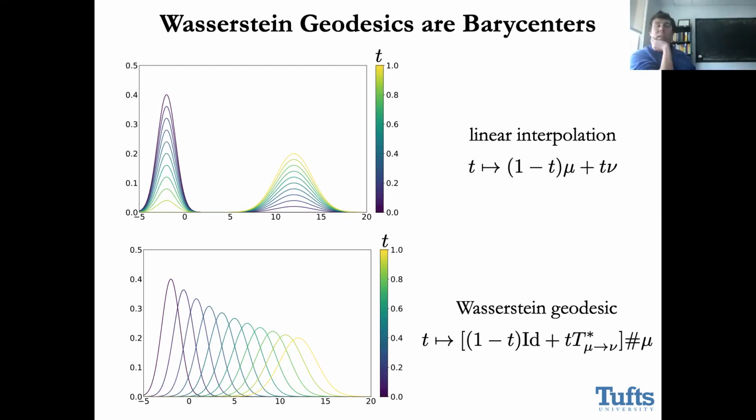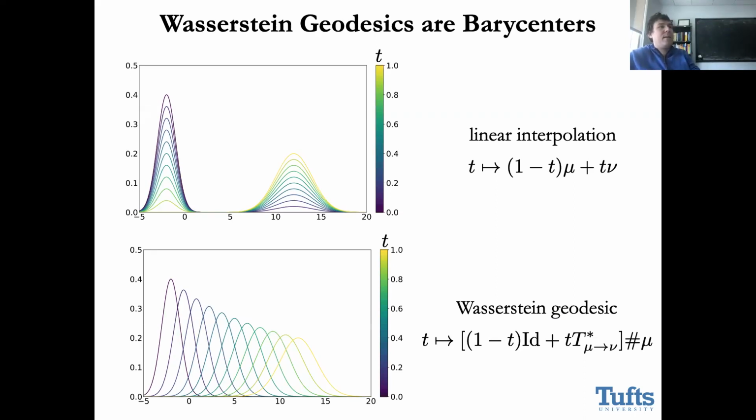What I'm showing you on the top are linear interpolations between these measures as t runs from 0 to 1. And what you're seeing is that the relative sampling rates from these measures are switching, so everything in between these things is not Gaussian.